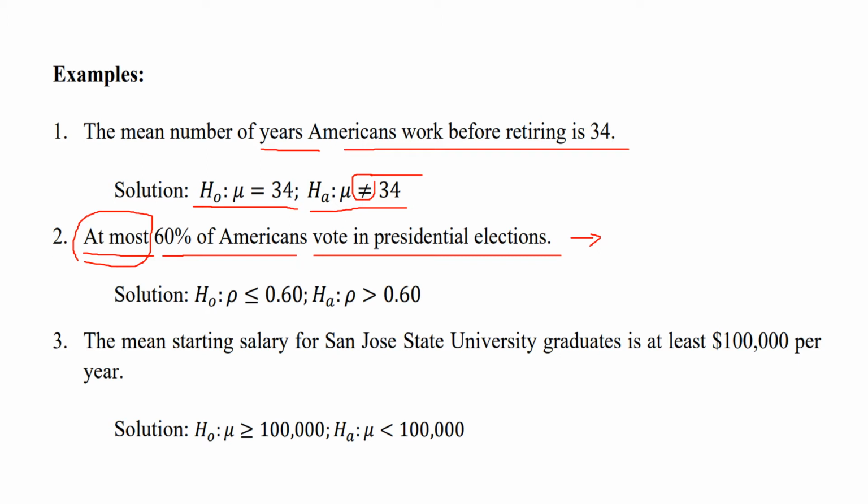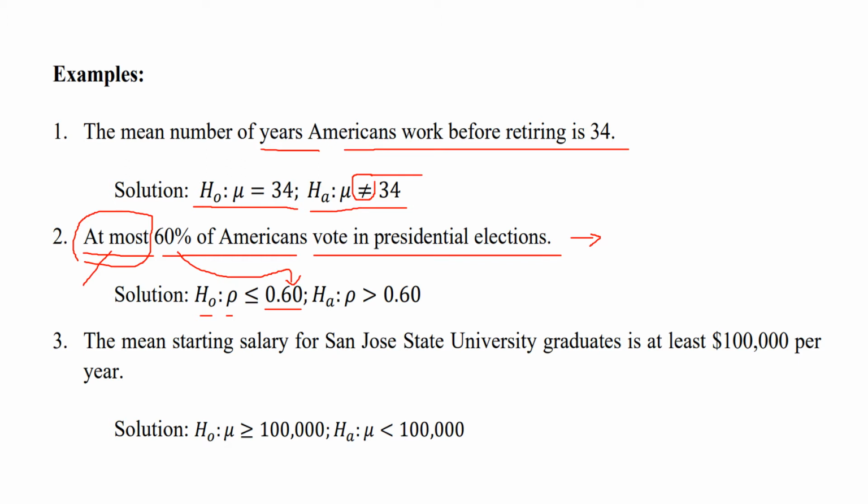In this case, our null hypothesis, H0, is that your population proportion is less than or equal to 0.60. So we just convert this 60% to decimal, dividing it by 100 to make it 0.60. Then there is a keyword here, at most, so we simply use this in your null hypothesis. Your population proportion rho is less than or equal to 0.60.